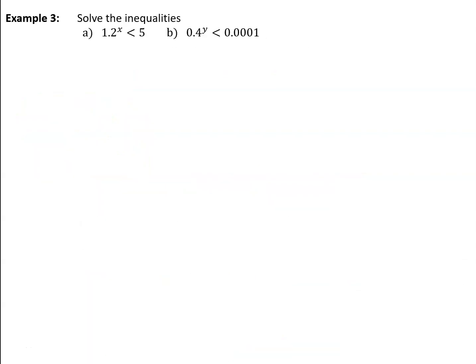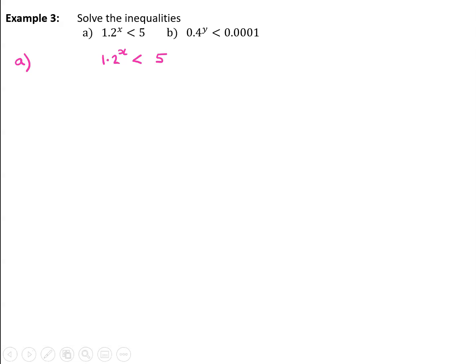For our next example, we've got two inequalities to solve. Let's have a look at the first part. We've got 1.2^x is smaller than 5. What we want to do is take the logarithm of each side.